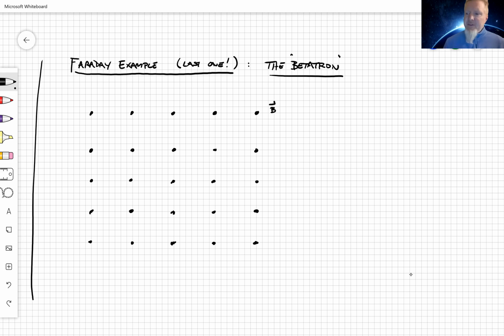And so what happens in a betatron is you get electrons orbiting around in circles. So we're going to get an electron orbit here. Suppose it looks something like this.